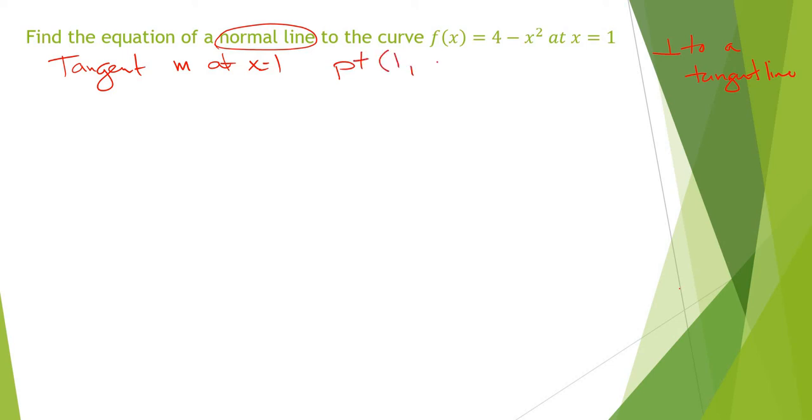So I'm going to say that the point is 1, 3, just plugging 1 into my function. So let's find our slope using this point and using my definition, limit as h approaches 0 of f of, since I want it at 1, I can put in my 1 plus h minus f of 1 over h.